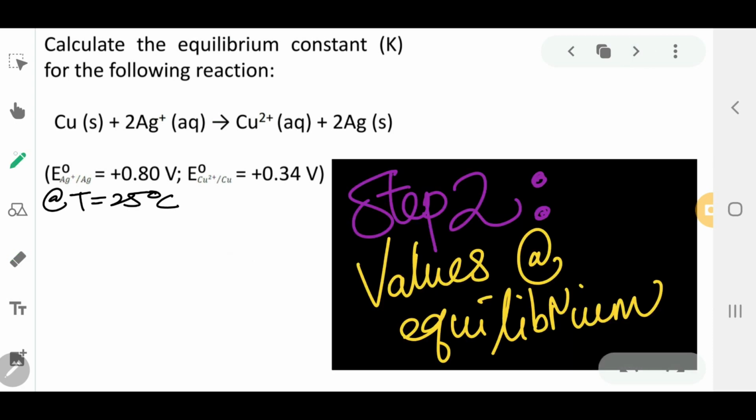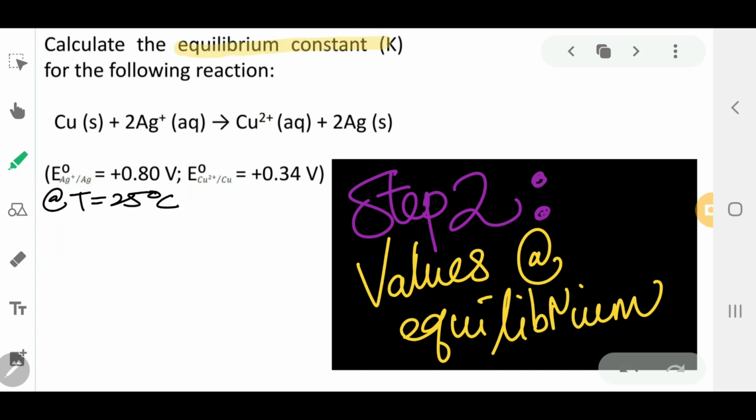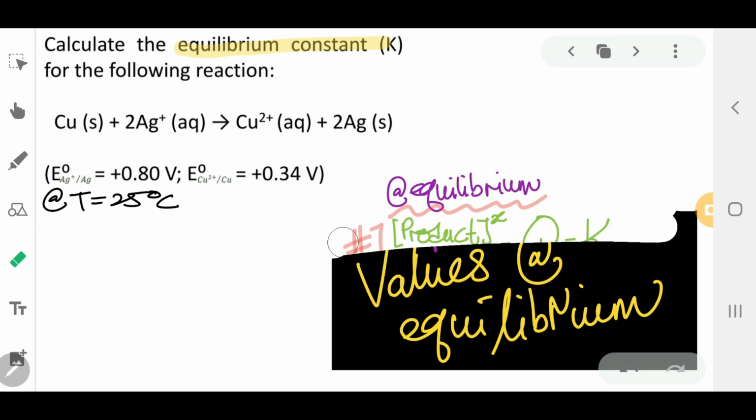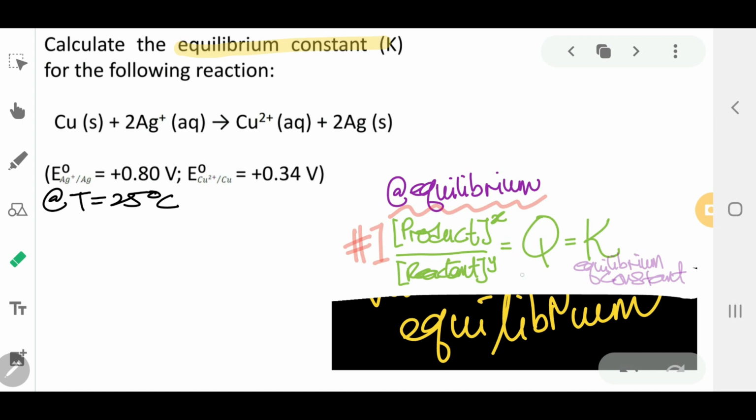Moving on to step 2, since we need to find the equilibrium constant K, we have to identify what the values are at equilibrium. This is slightly different from what we have done in questions 1, 2, and 3. At equilibrium, the reaction quotient Q will be equal to K, the equilibrium constant.